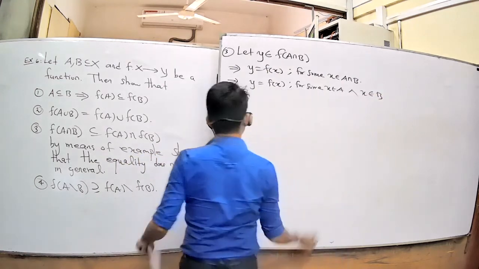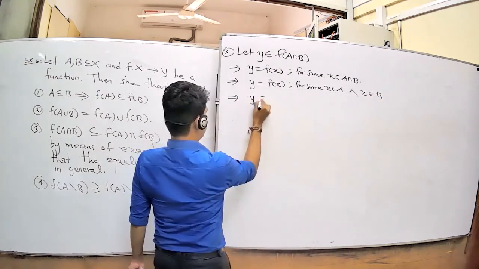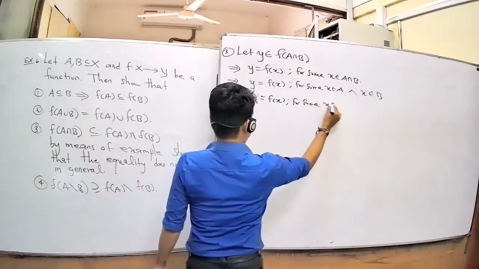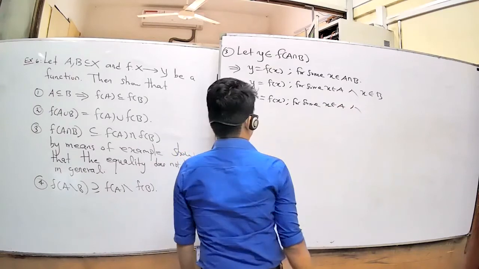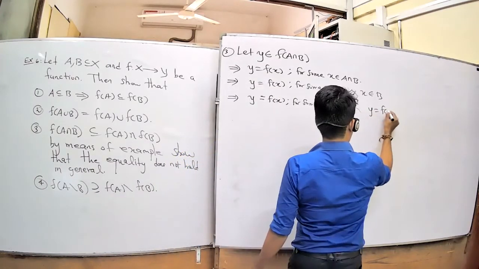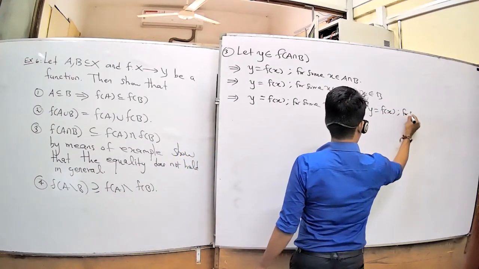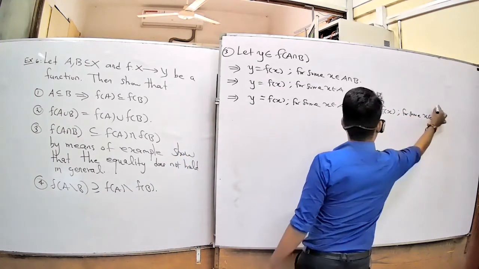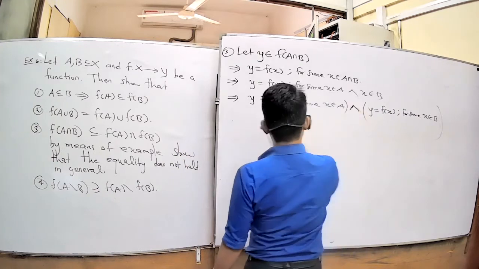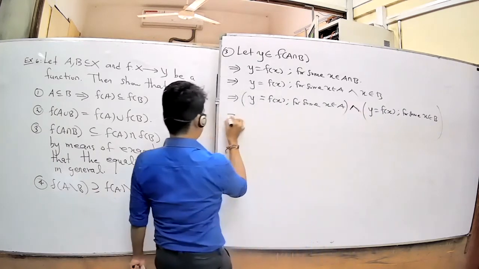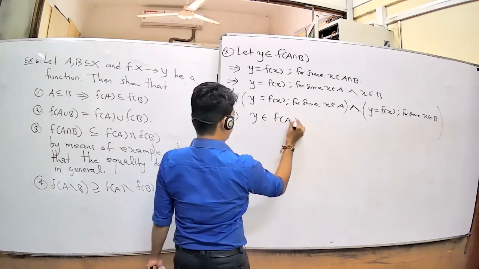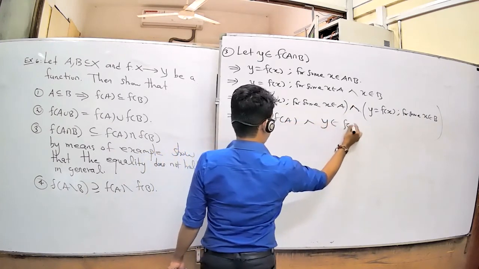Now we will write y equals f of x for some x belong to a, and again y equals f of x for some x belong to b. And now it is symbolized, y belong to f of a and y belong to f of b.